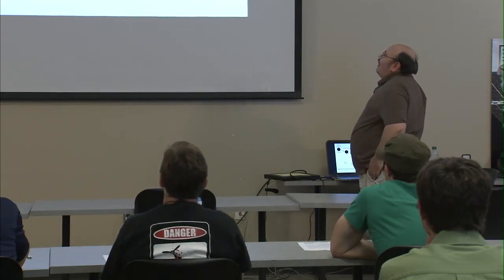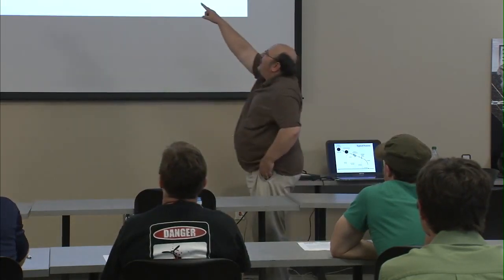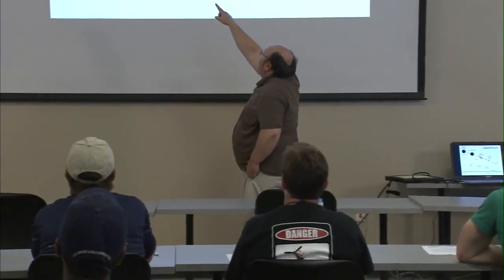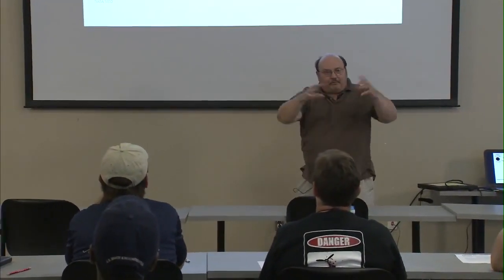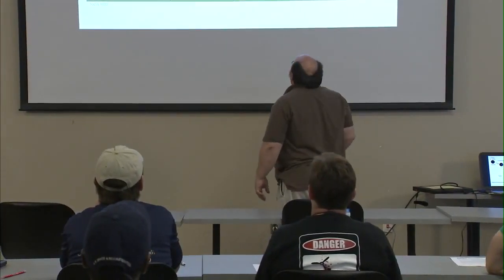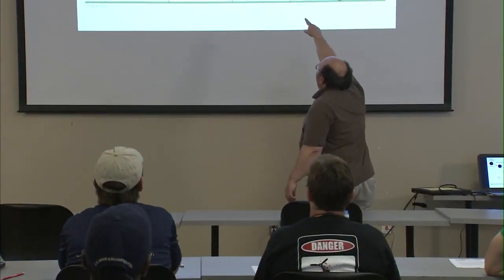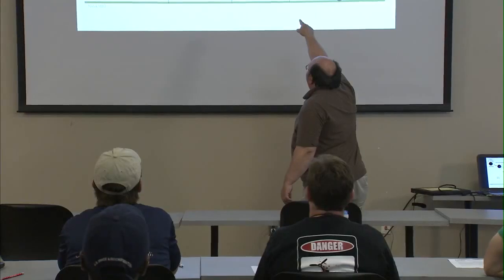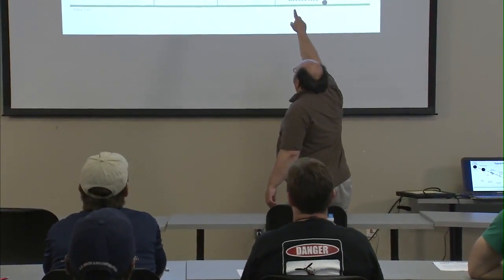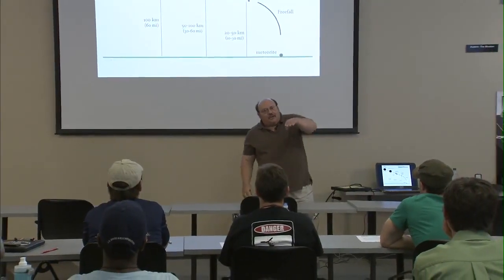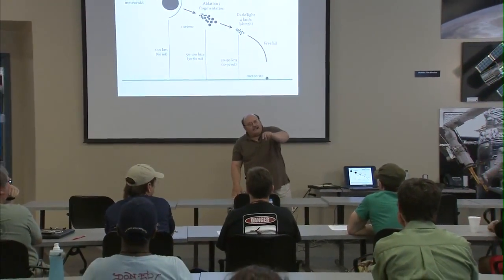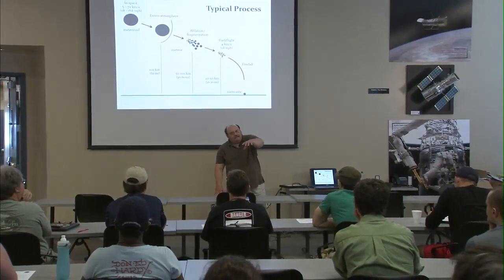So how does this work? In space, you've got a hunk of rock, a meteoroid. It hits the atmosphere, it burns up, or if it's bigger, it breaks apart into little pieces which burn up. And when it gets down to about 10 to 30 miles above the surface of the Earth, the atmosphere slows those things down so low they're no longer burning up and they stop emitting light. Okay?